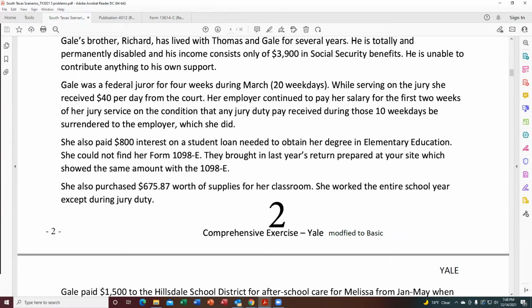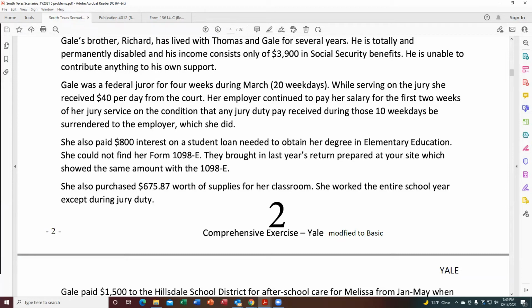So this is an income area, and then it'll be an adjustment to income because of the source of income that she received for the $40 per day for 20 days. And then she's having to surrender 10 of those days back to the employer. So again, a portion of it is source of income, and the other portion is an adjustment to income as she's surrendering a portion of her income.